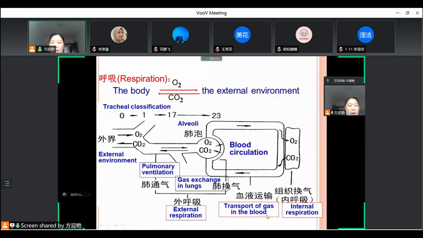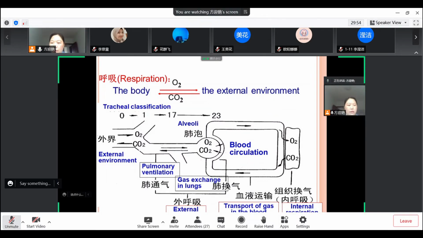These are the three major processes of respiration. Do you remember?